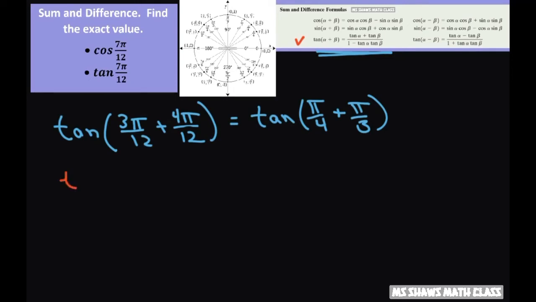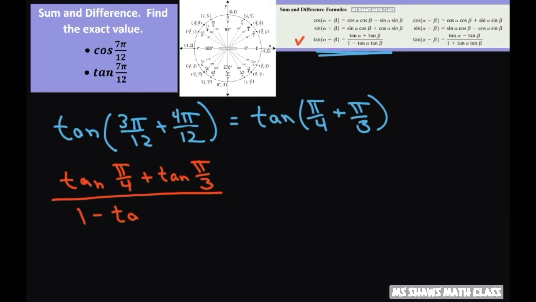We get tan pi divided by 4 plus tan pi divided by 3, divided by 1 minus tan pi divided by 4 times tan pi divided by 3. Now just use substitution like we did before.